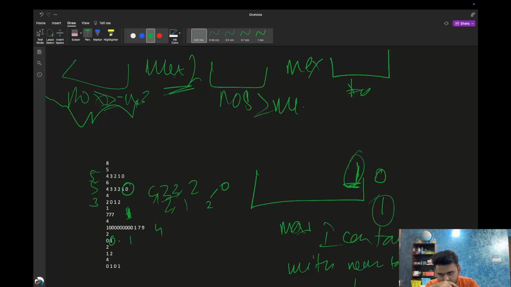Or if I take that, I can get it. Is it ever harmful to take it? It's only harmful if that's a 0.